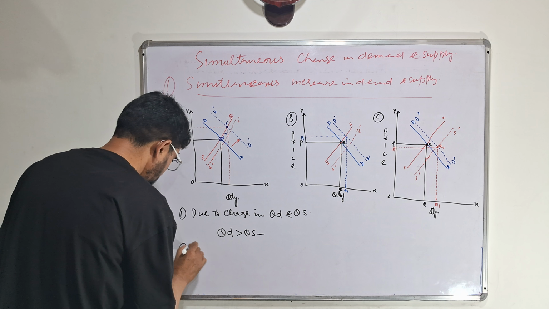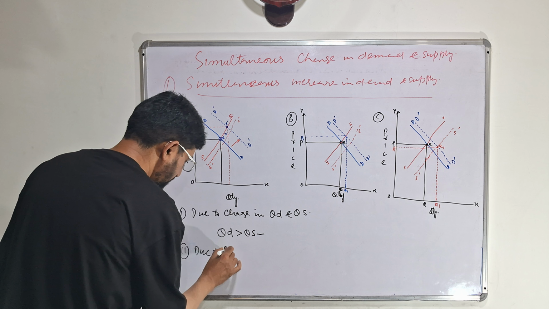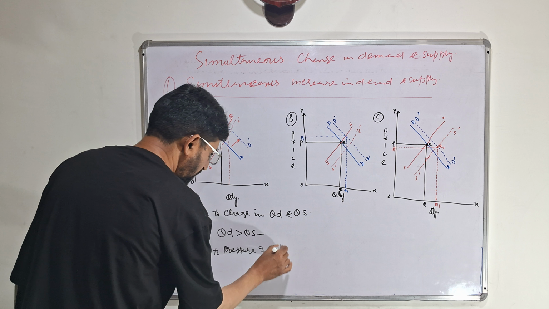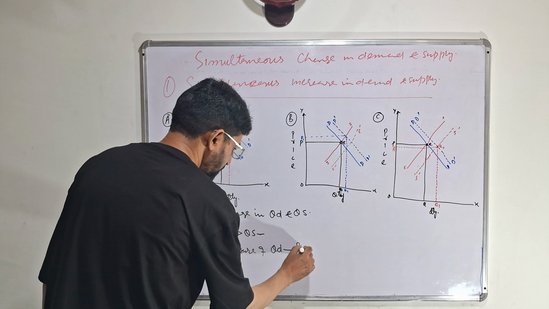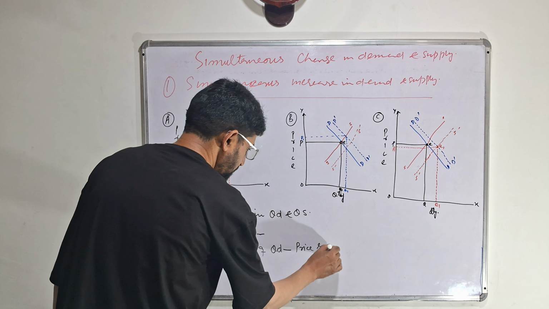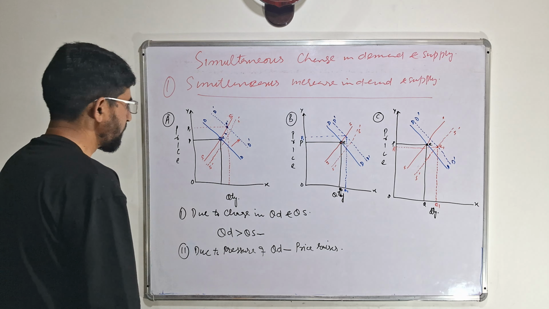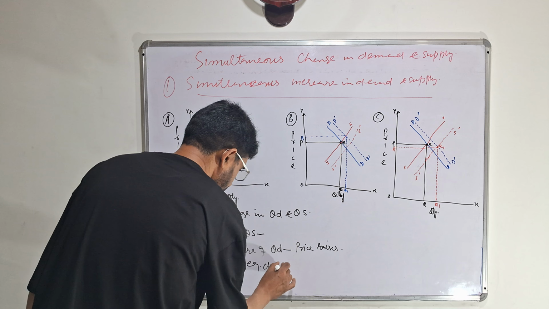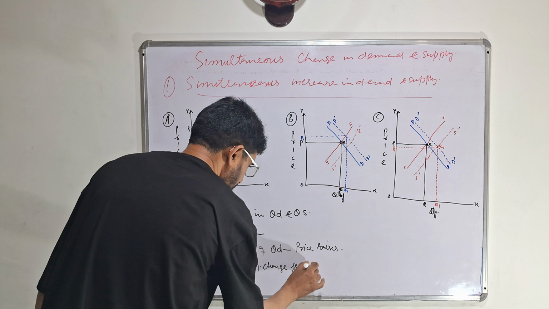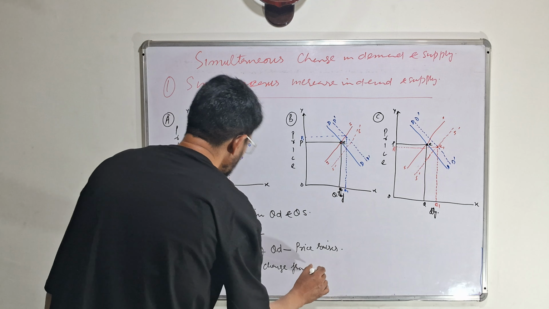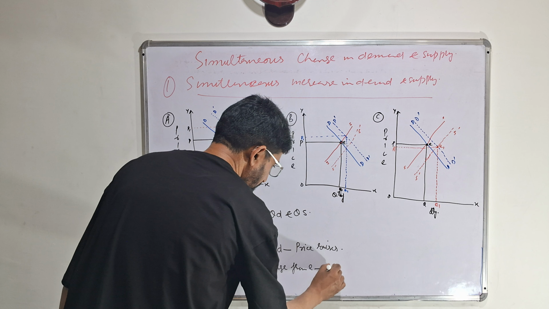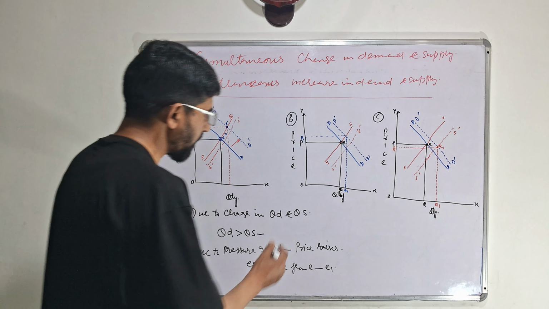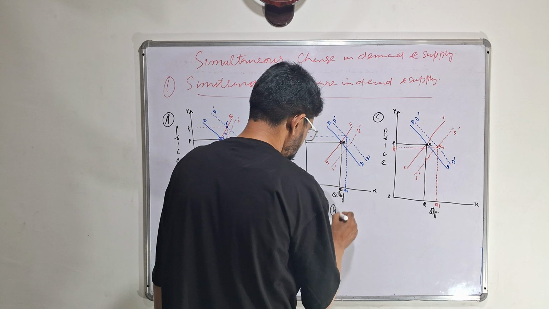Second, due to the pressure of quantity demanded, price rises. Equilibrium changes from E to E1, for example.